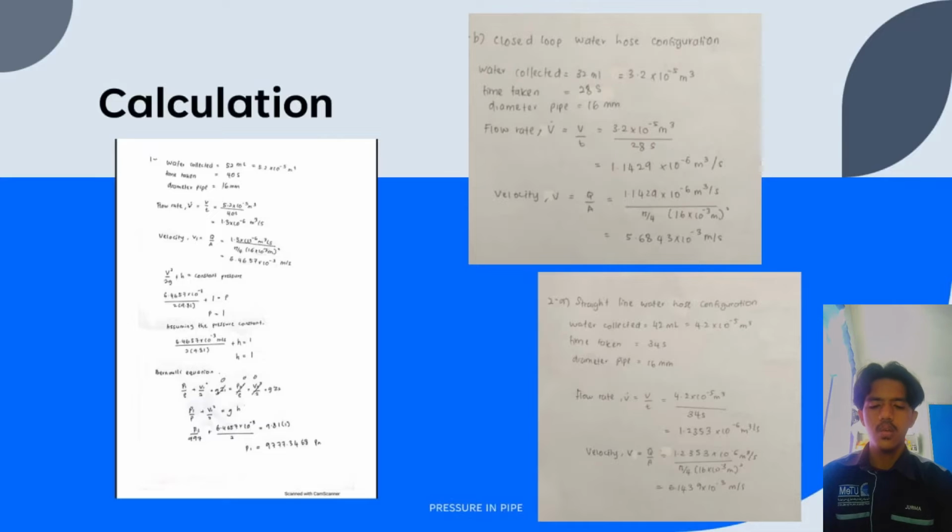For the velocity, we use the formula flow rate over area.